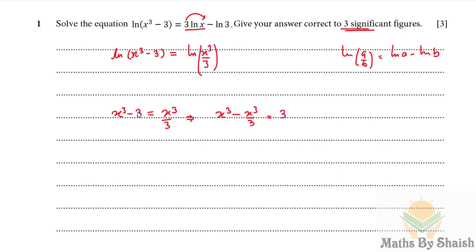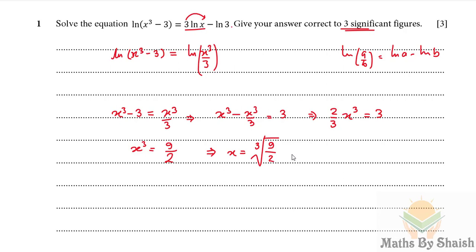This minus 3 goes to this side, and 1 times x cube minus 1/3 of x cube is 2 by 3 times x cube equals 3, and hence we get x cube. By cross multiplication we get 9 by 2, so x is the cube root of 9 by 2.